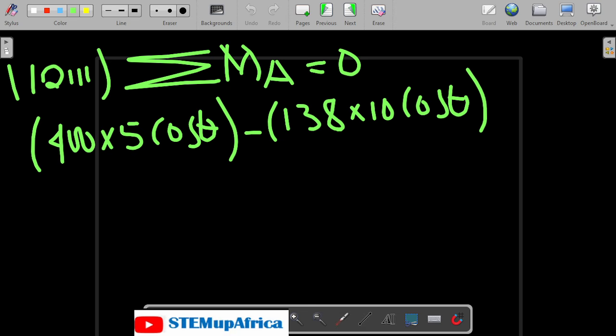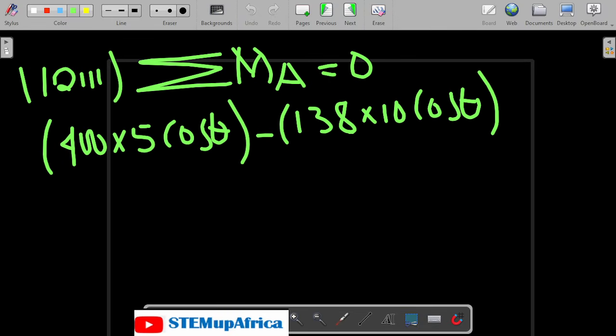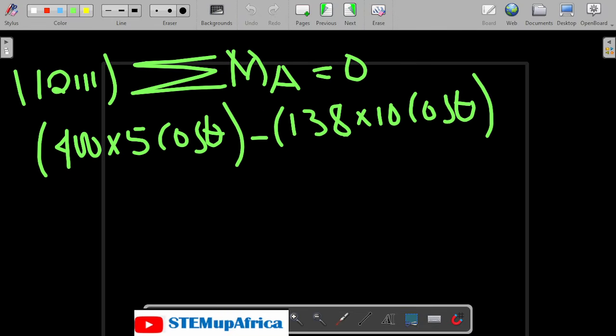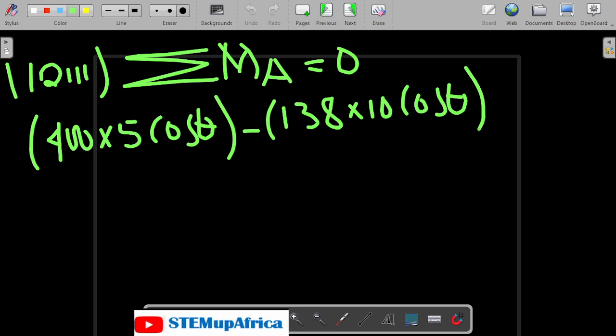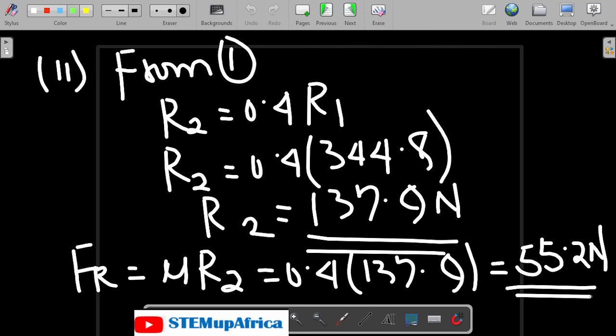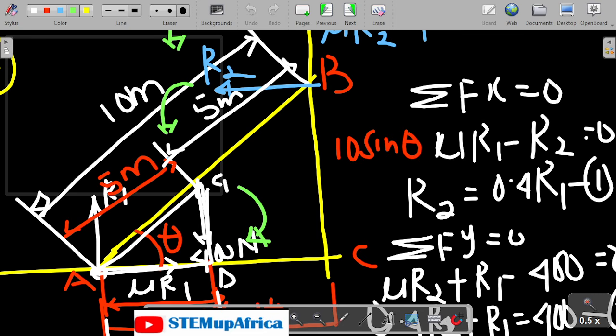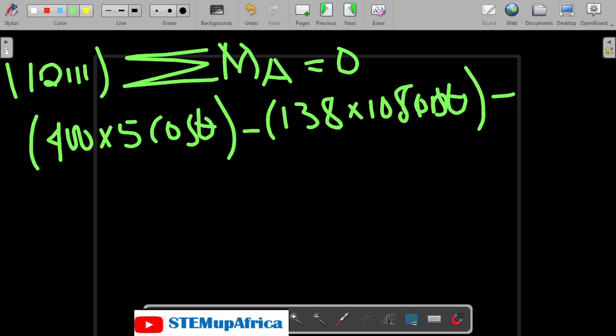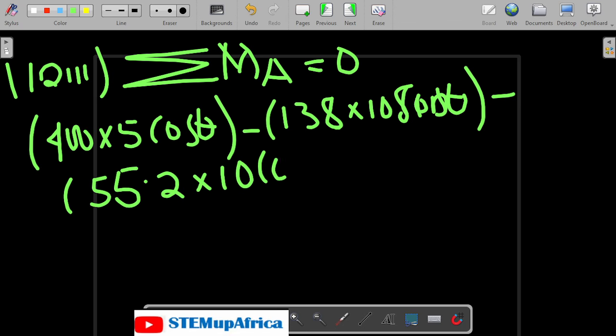I have to be sure, here is sine, not cos. Then the 55.2 frictional force acts at a distance of 10 cos theta, so I'm having minus 55.2 times 10 cos theta equals 0.